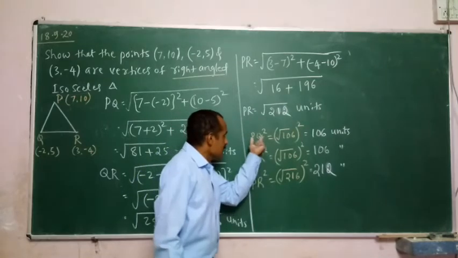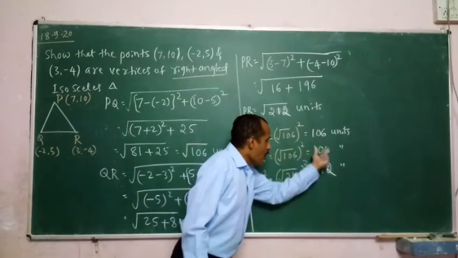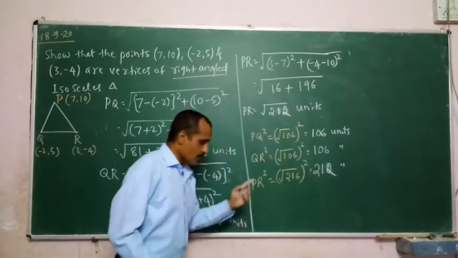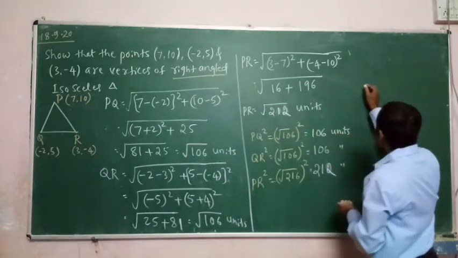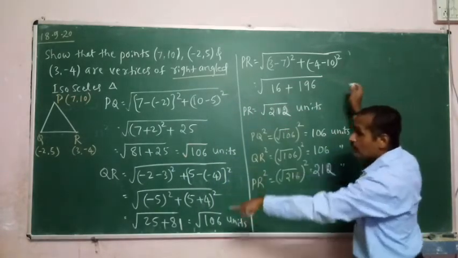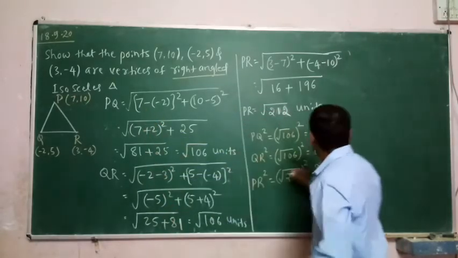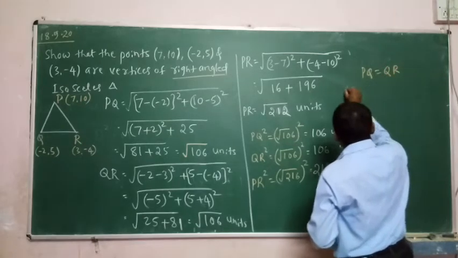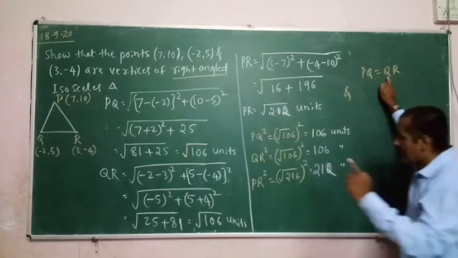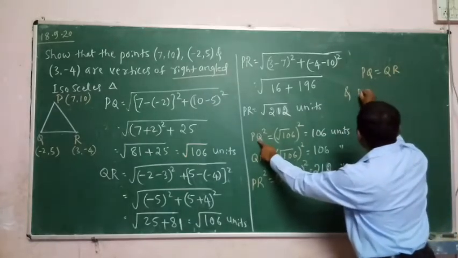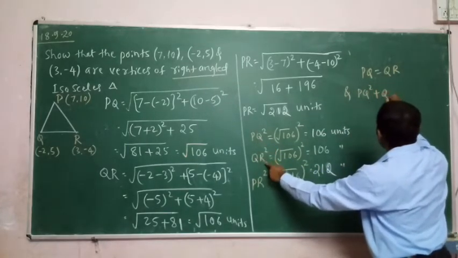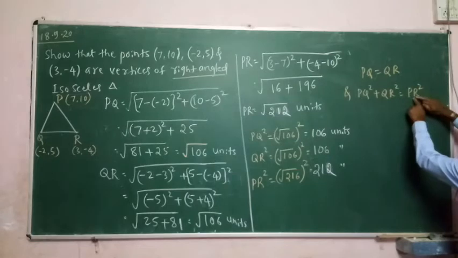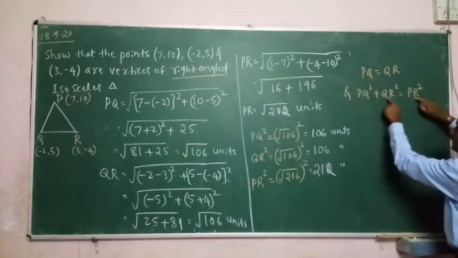That means this square plus this square, see, this square is here and this square is here, and you are getting this answer. That means PQ square plus QR square is equal to PR square. Which two sides are equal? PQ is equal to QR, and this is for isosceles. And PQ square plus QR square is equal to PR square, since the square of the hypotenuse is equal to the sum of the squares of the other two sides.